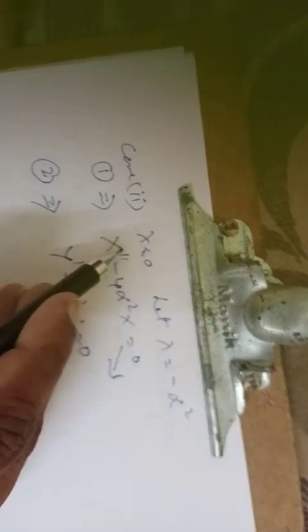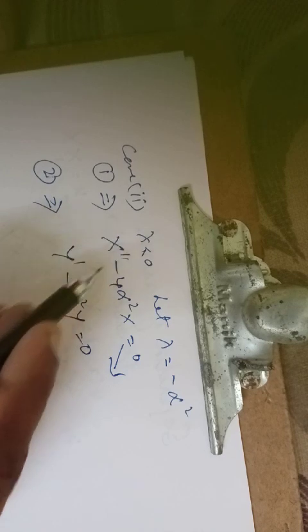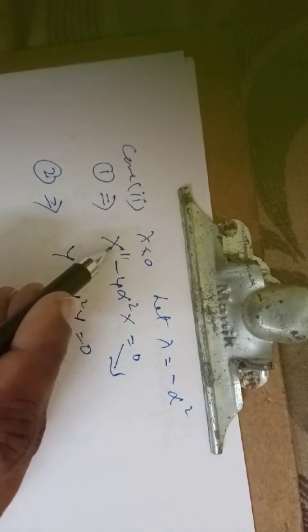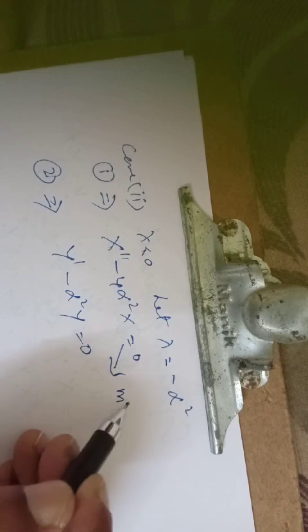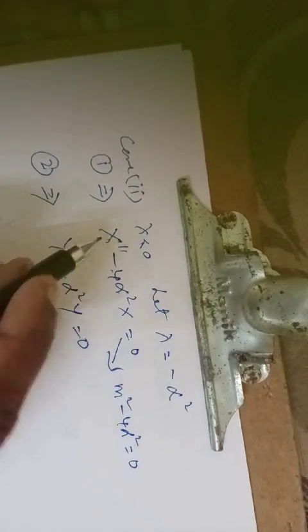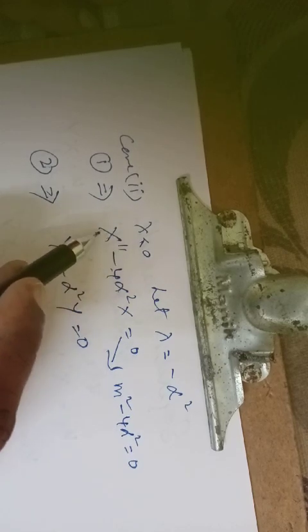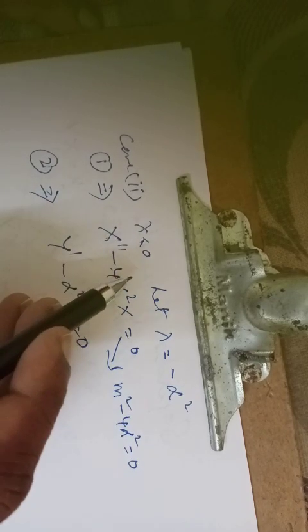To solve this second order equation, usually we use the auxiliary equation. For x double dash we write m square, minus 4 alpha square equal to 0. Solving a second order equation, we take the auxiliary equation: for x double dash we take m square, for x dash we take m, for x we take 1.